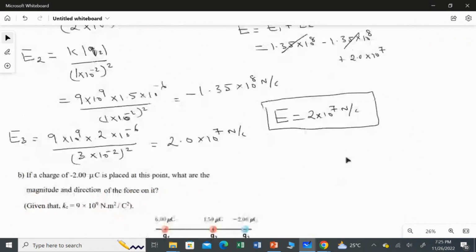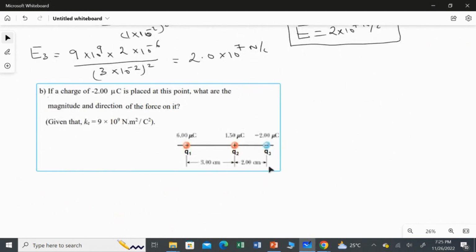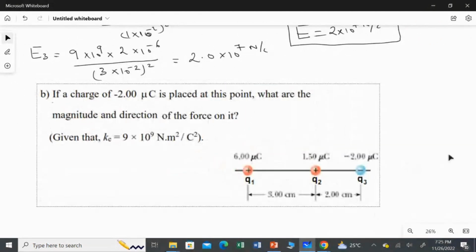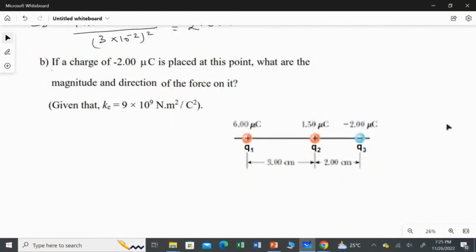Now we have the second part. I will expand this. In this point we already found the value of the net electrical field, which is 2 multiplied by 10 power 7 Newton per Coulomb, right?